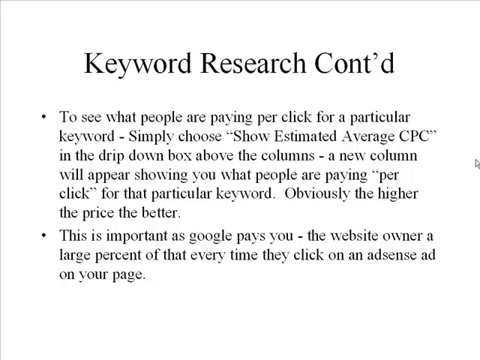So let's use an example. Let's say the keyword that the visitor clicks on is a $10 keyword. That means you're going to make between $4 and $8 whenever a visitor clicks on it. So that's some pretty decent income.